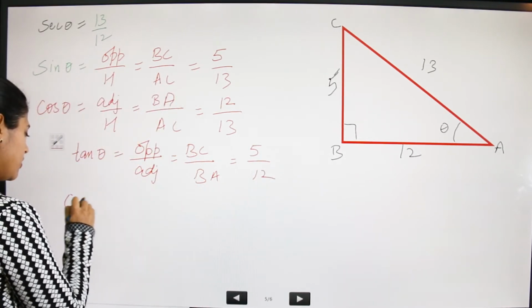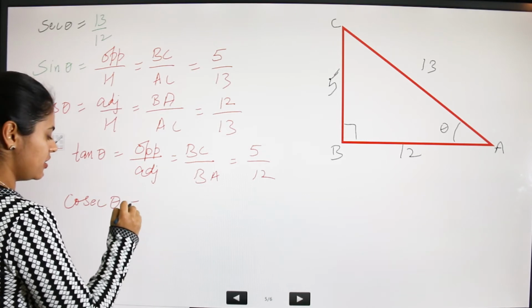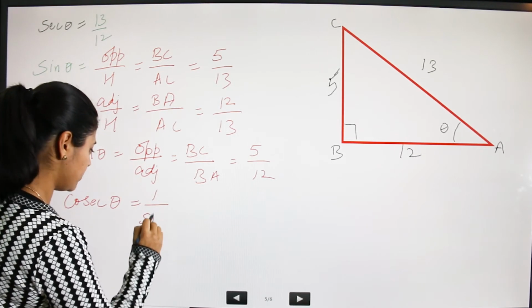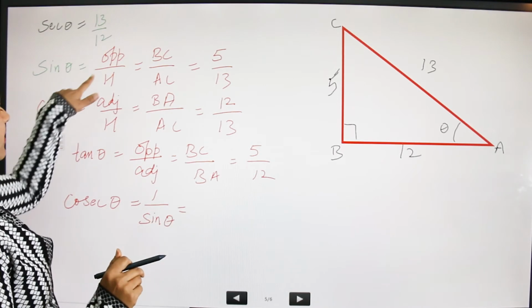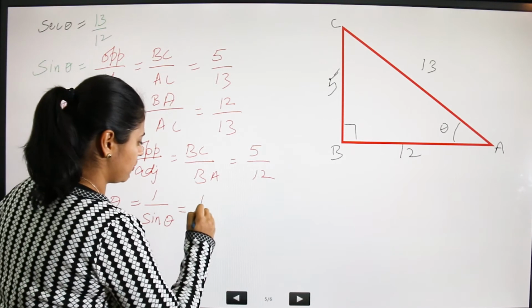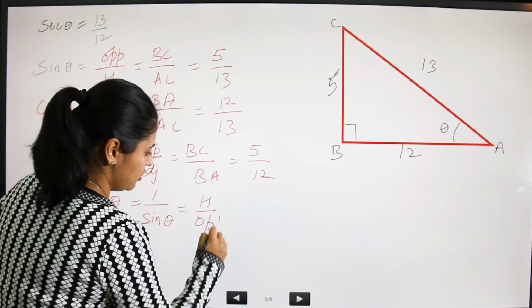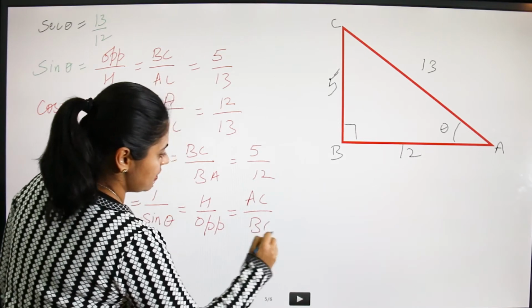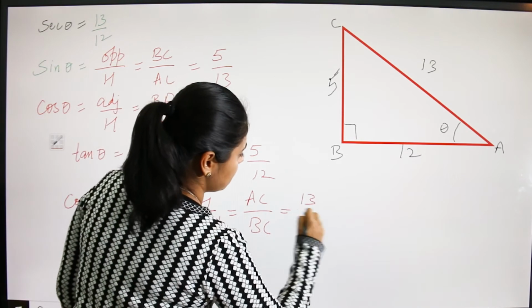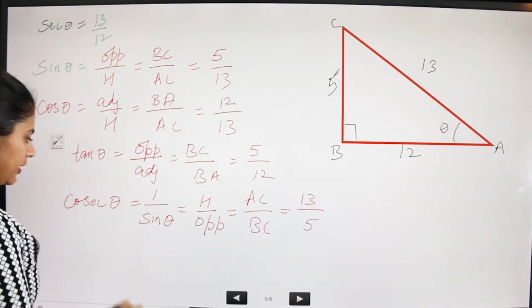Now you need to find cosecant theta, which is equal to 1 over sine theta. So you're going to flip the term for sine theta. Sine theta is opposite over hypotenuse, so this will be hypotenuse over opposite. The hypotenuse is AC and the opposite side is BC, so it is AC over BC.